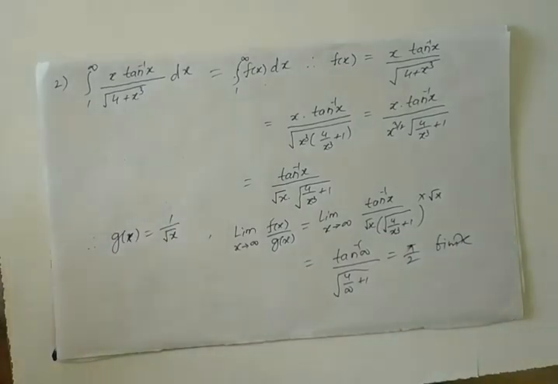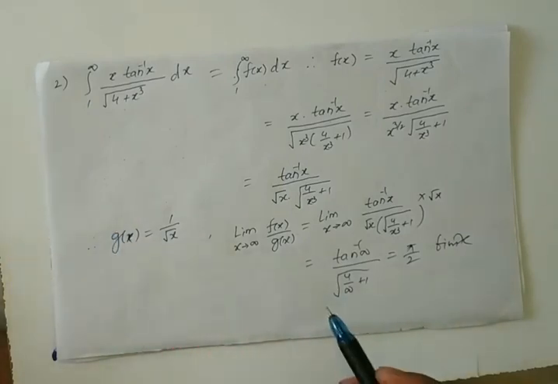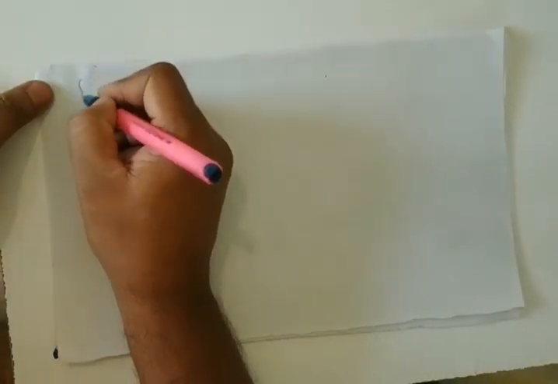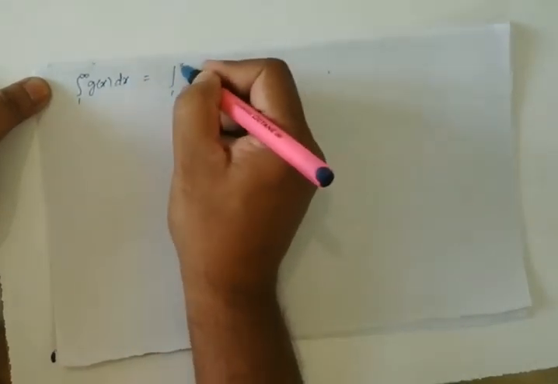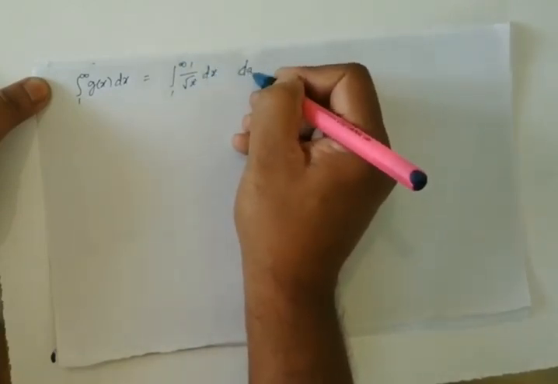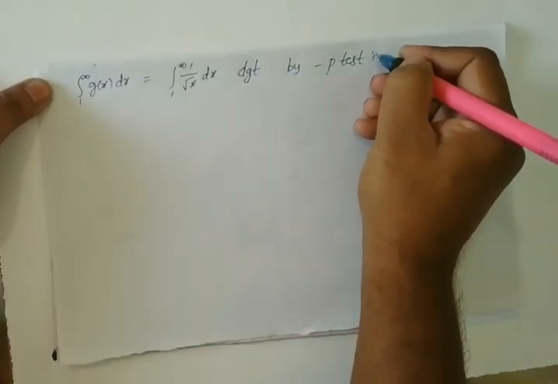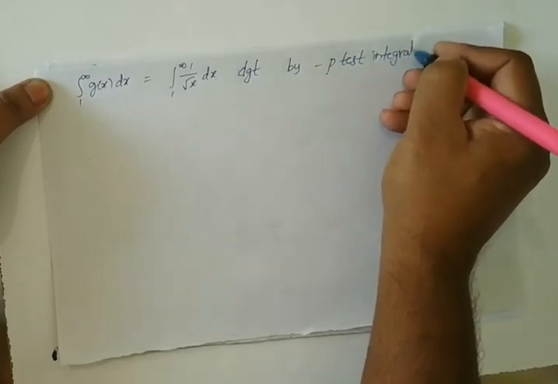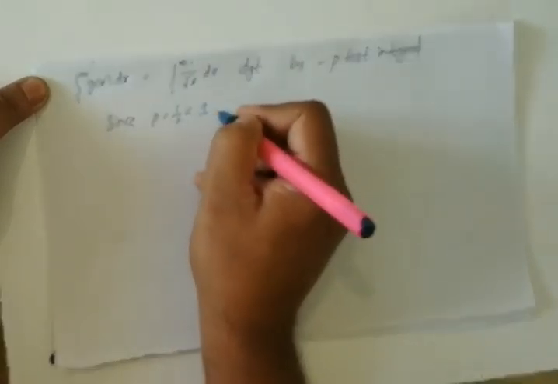So next we have to check the integral from 1 to infinity g of x dx. Integral from 1 to infinity g of x dx, which is equal to integral from 1 to infinity 1 by root x dx, is divergent by p test of integral, because p is equal to 1 by 2 which is less than 1.